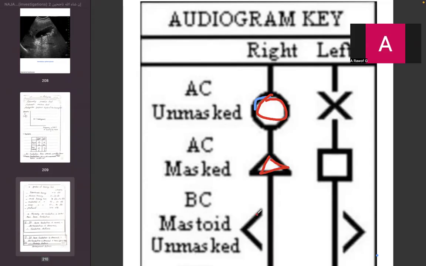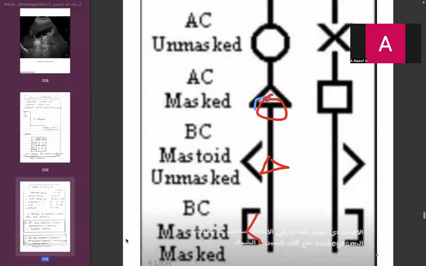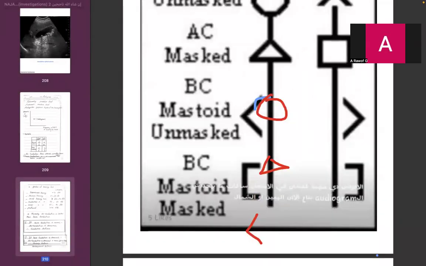Then bone conduction unmasked is always an open bracket for the right ear, and for the left ear it's always a closed bracket.